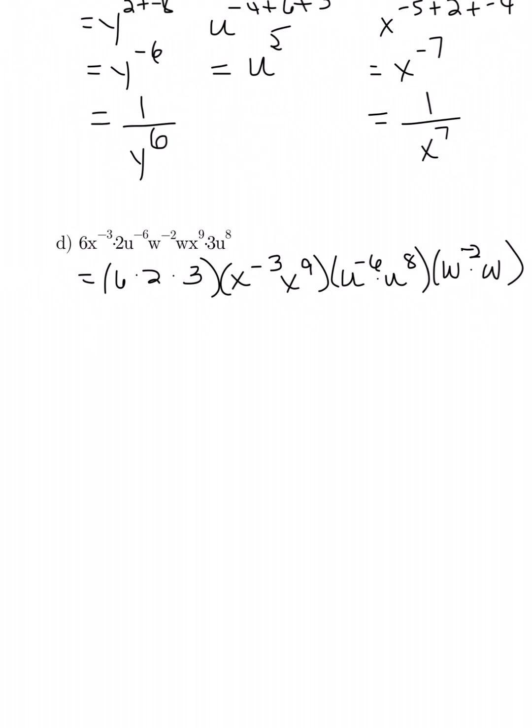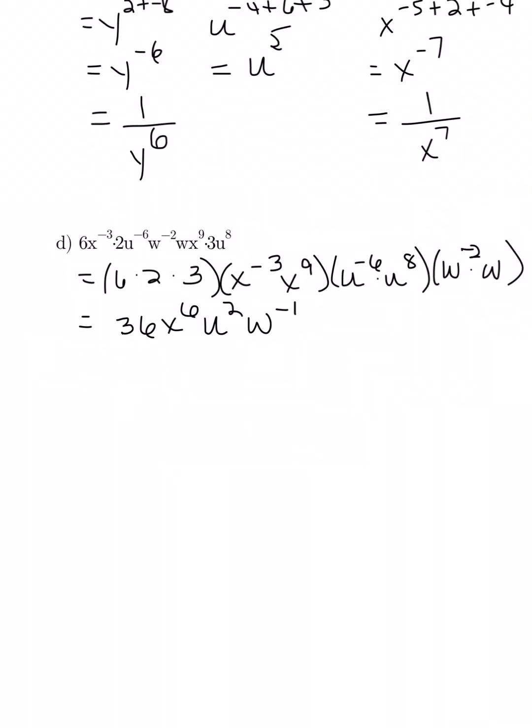Now that I have everything so that they are like items next to each other, it's easier to see how to work this problem. 6 times 2 times 3, 12 times 3 is going to be 36. On the x's, when we add negative 3 plus 9, we get x to the positive 6. On the u's, negative 6 plus 8 gives us positive 2. And on the w's, negative 2 plus 1 gives us negative 1.